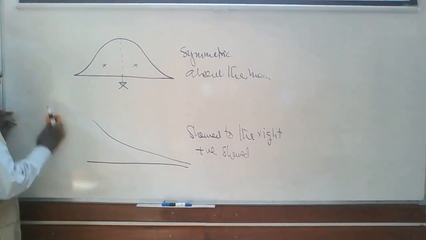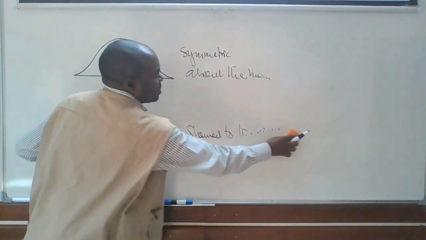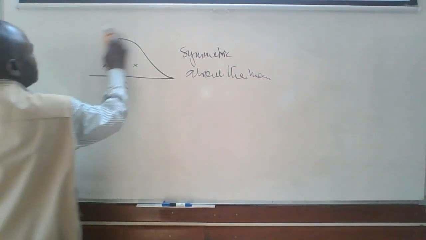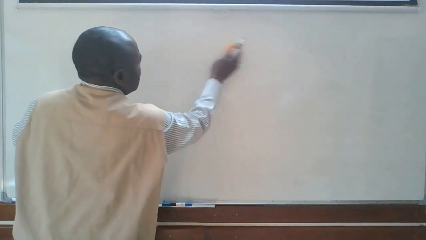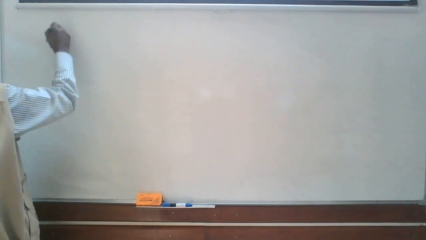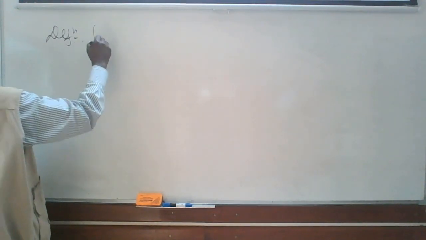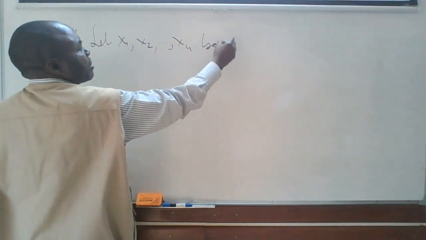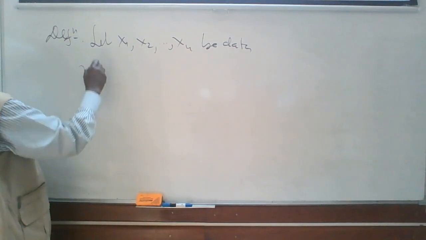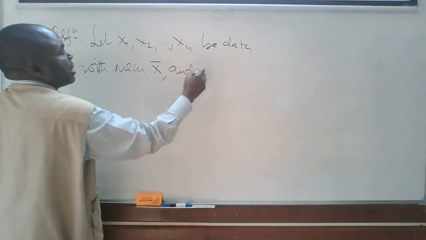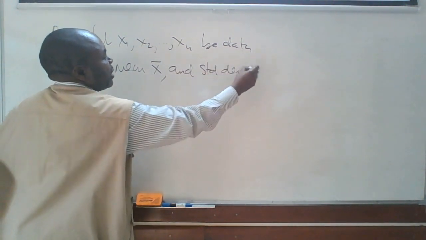Now, how do we define, how do we calculate skewness? Definition: let x1, x2 up to xn be data with mean x bar and standard deviation s.